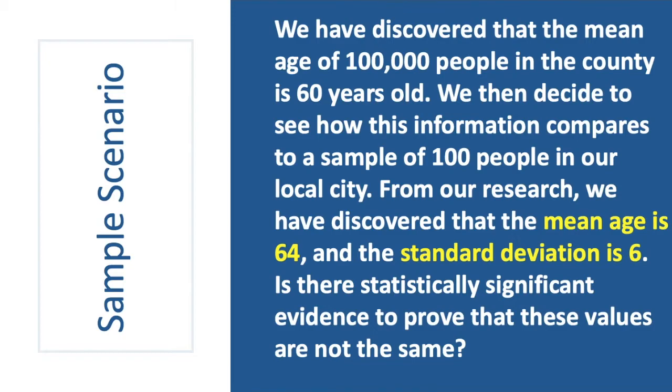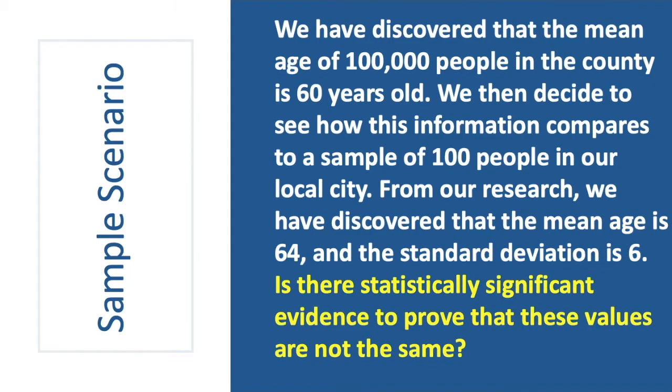Now in our sample, the mean age is 64 and the standard deviation is 6. You're probably familiar with this, but when we talk about a standard deviation of 6, what we're saying is that the mean age of individuals in our city is 64 plus 6 years of age, or 64 minus 6 years of age. Here's the question.